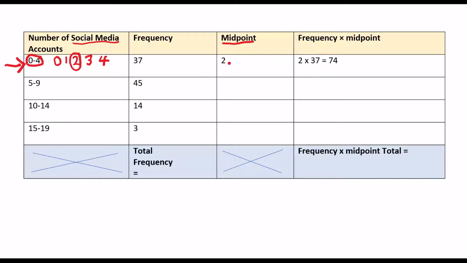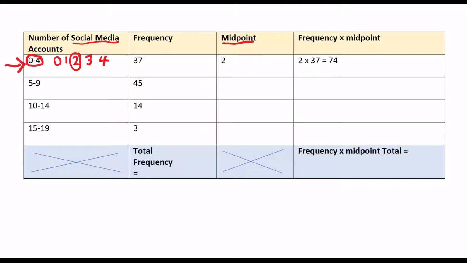So we're going to average that as 2. Those 37 people, let's say that they had 2 each. It's the midpoint, and then we do 2 times 37, which equals 74. So we're estimating that there are 74 social media accounts in this class.